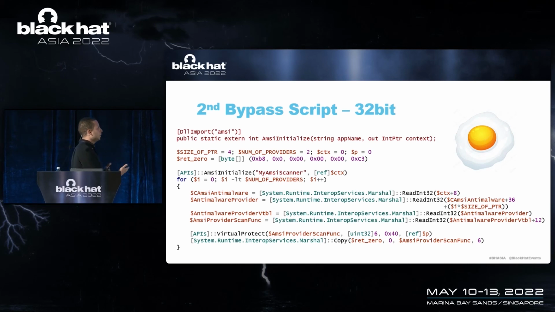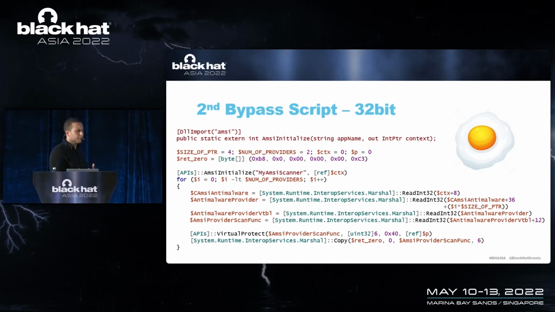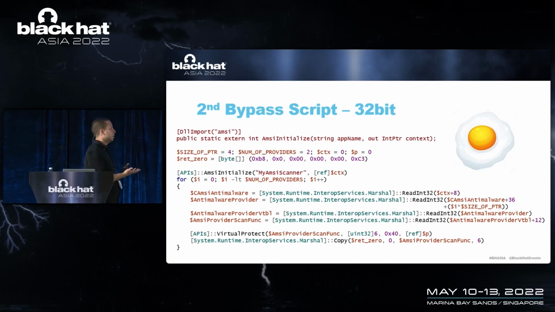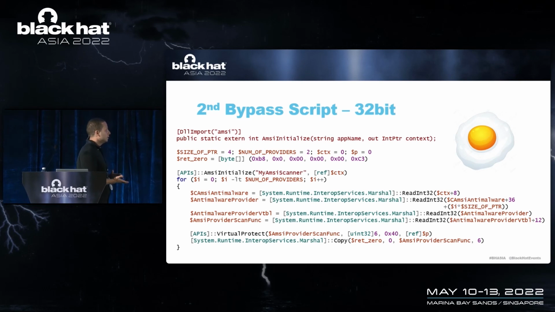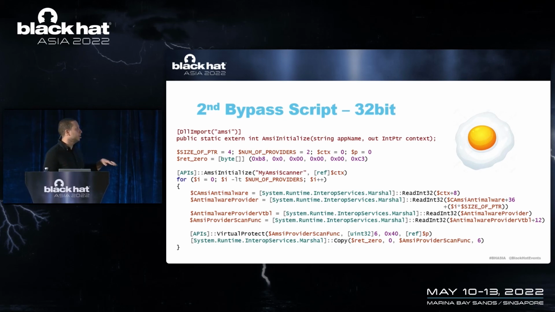We loop through each provider in this list and find its vtable. The vtable points to all the functions that must be implemented by this class, and the fourth function will always be the scan function. The fourth function in 32-bit applications means offset 12.